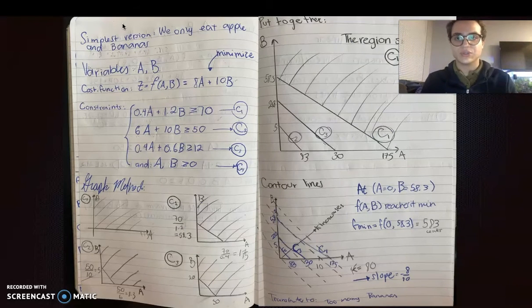The simple version to solve this is that we only eat apples and bananas, because we only take A and B as our variables, and we put them in our cost function, and then in our constraints. A and B would need to be greater than or equal to 70, greater than or equal to 50, greater than or equal to 12, and greater than or equal to 0. These will be our different constraints, and we would study the case from it.